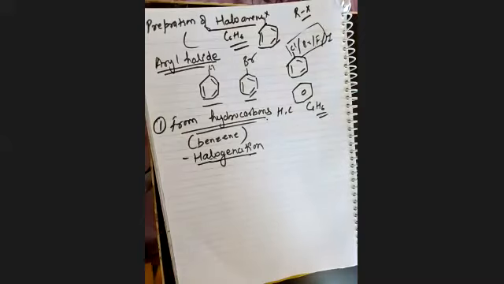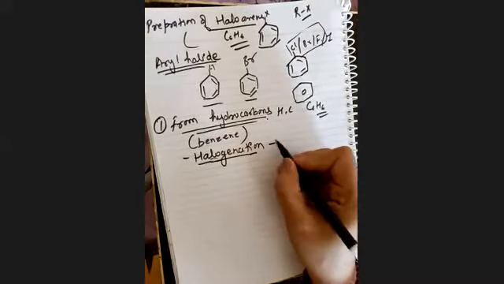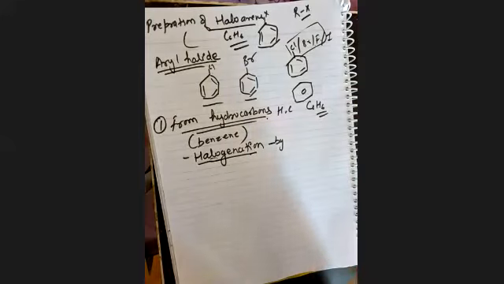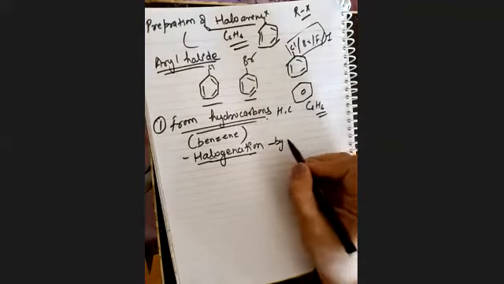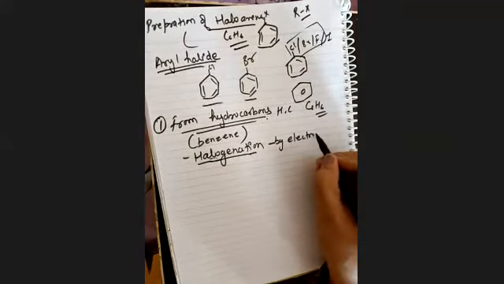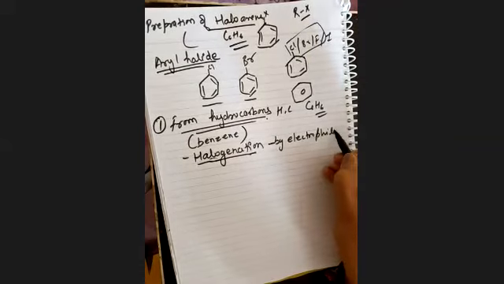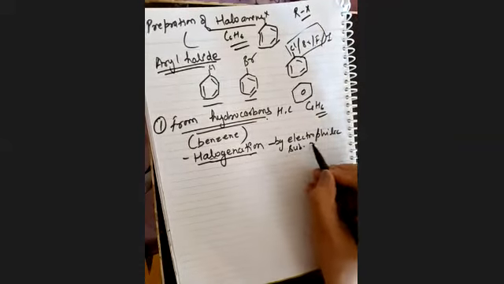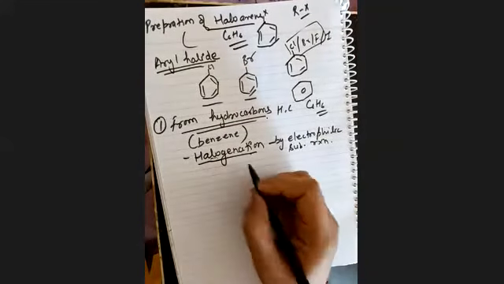Clear? Okay. And halogenation is specifically an electrophilic substitution reaction. Why do we use electrophile in electrophilic substitution?